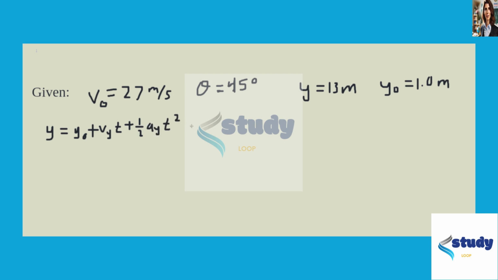Okay, well, let's go ahead and put all of it on one side of the equation and set it equal to 0. We do that, we find that this is equal to minus 1/2 times gravity, the minus 1/2 because gravity acts in the negative direction, times t squared, plus v of y times t, plus y naught minus y.